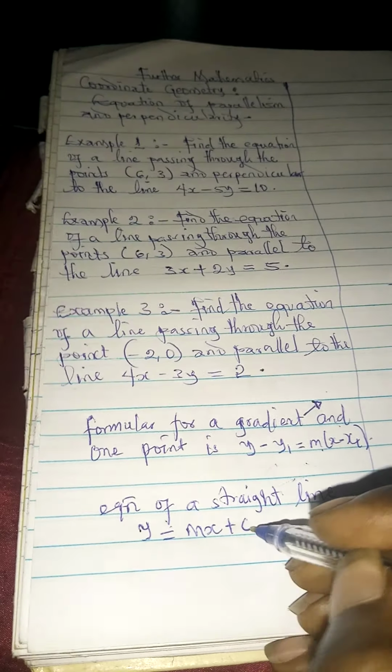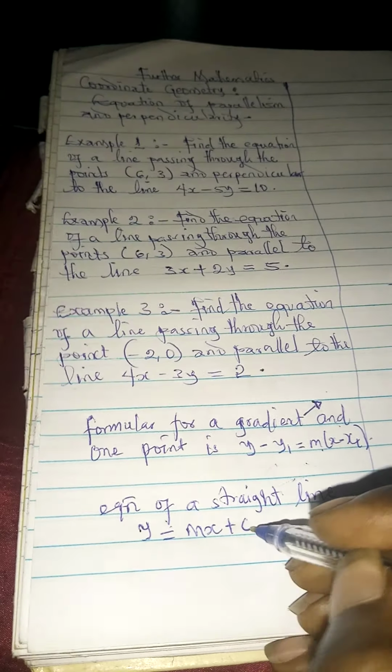So let's start. Example 1. Solution to example 1. So I will call it solution 1. Now you have a point already, 6,3, and then you have the equation.